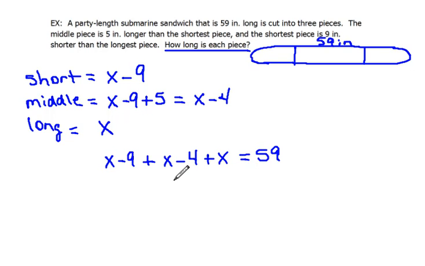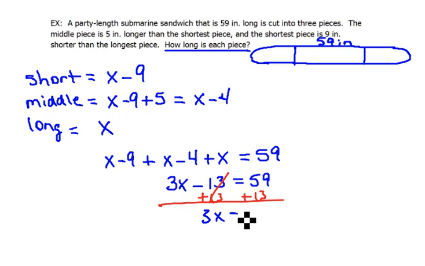We'll have 3 x's, and then minus 9 minus 4 would be minus 13, equals 59. Now let's start isolating our variable. We add 13 to both sides, so we'll have 3x equals 59 plus 13, which is 72. Then to get x alone, we divide both sides by 3 to get x equals 24.